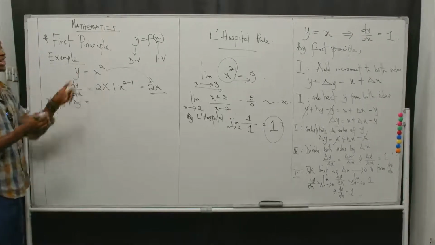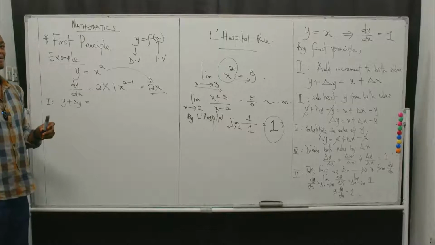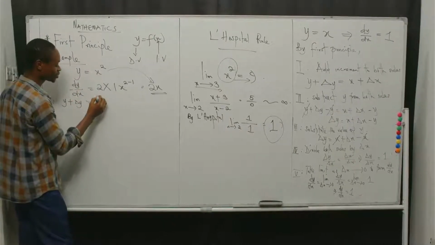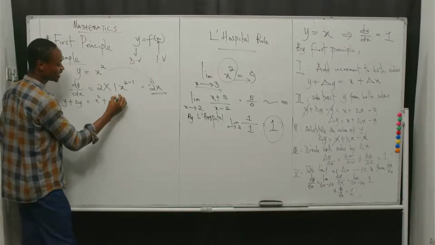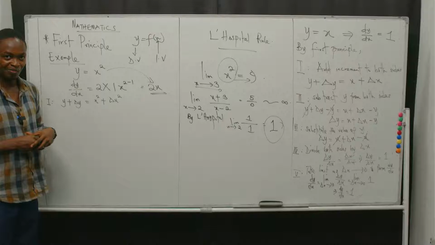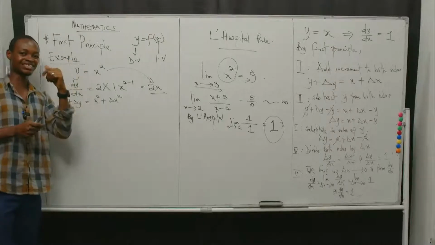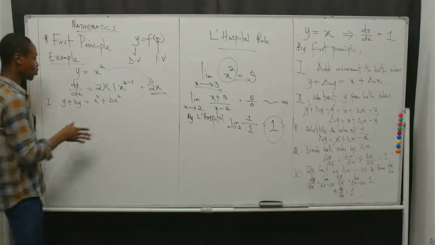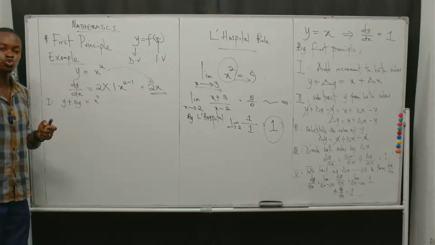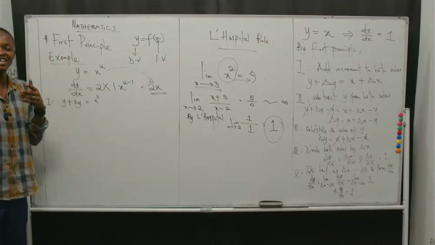And then on this other side, now do not make this mistake of saying, since I have x squared here, it's going to be x squared plus delta x squared. This is totally wrong. The increment is on x and not on x squared. So since you have x squared, it means you have twice the value of x. You have x times x.